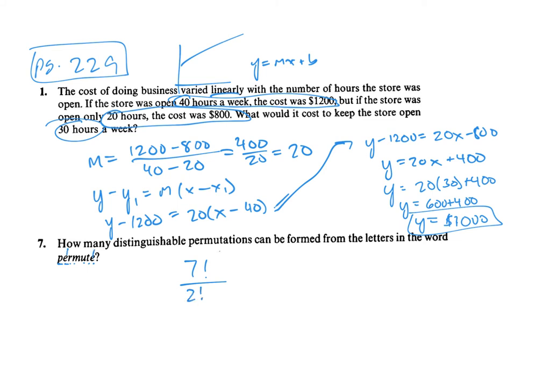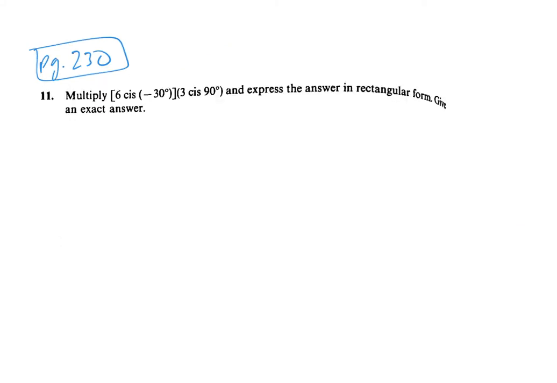So I'll have 2 factorial in the denominator. None of the other letters are repeated, but if you had more types of letters that were repeated, you would multiply their factorials in the denominator as well. And then I'll have 7 factorial divided by 2 factorial, which comes out to 2,520.